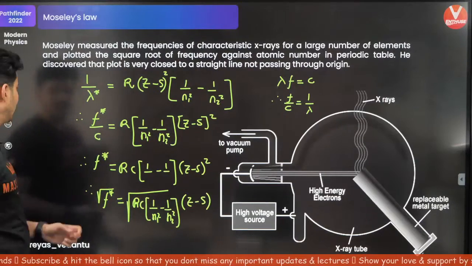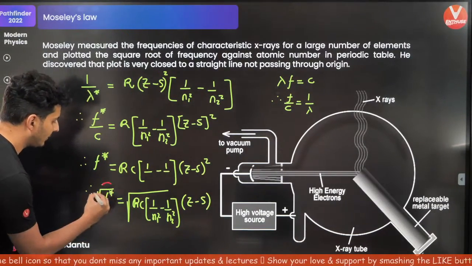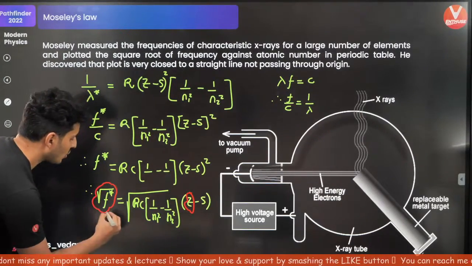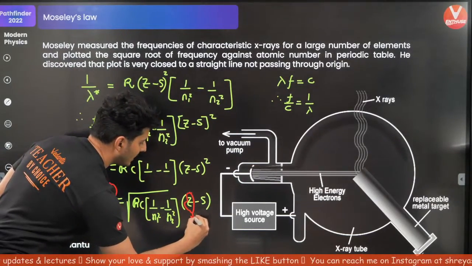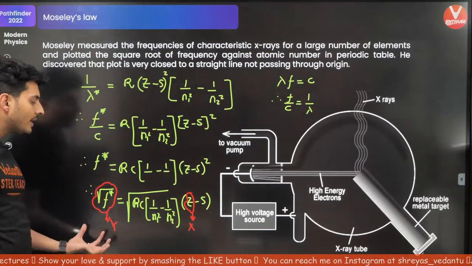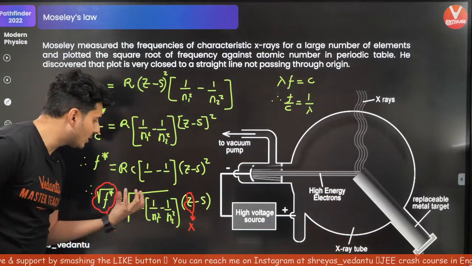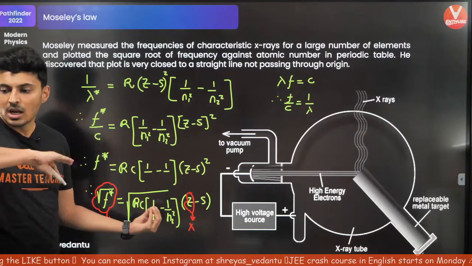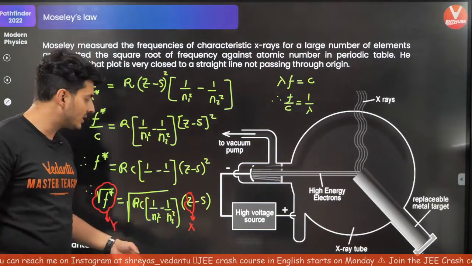From this equation, what he did was he plotted the graph of root of frequency versus Z. So root of frequency was taken on the y-axis and Z was taken on the x-axis. Reason? It will become a straight line because this whole thing is a constant. Rc into 1 by n1 square minus 1 by n2 square, these are all constants, and s is also a screening constant.